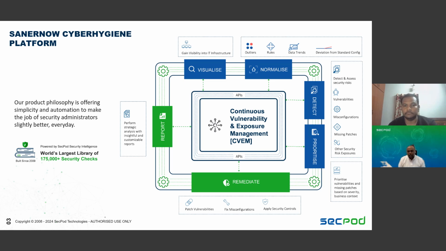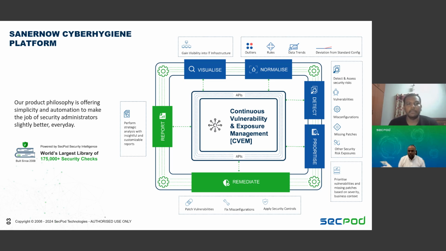The next layer is Detect. It's not just about detecting vulnerabilities, but much beyond that. It identifies the software vulnerabilities, but also misconfigurations, any patches which are available for those software vulnerabilities, and any controls which have deviated.